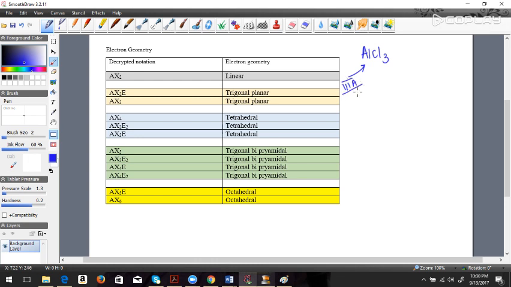Okay, so that means it's got 3 valence electrons, and Cl is in group 7A, so it's got 7 valence electrons, right? And as always, the element that's least in count goes at the center, and you can evenly distribute the 3. Even if you didn't, that is no big deal.